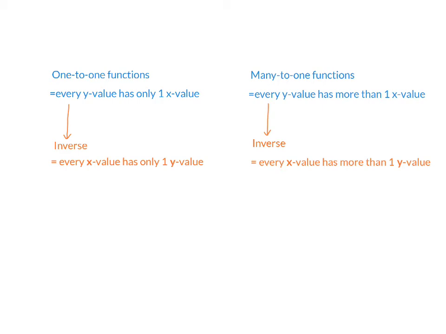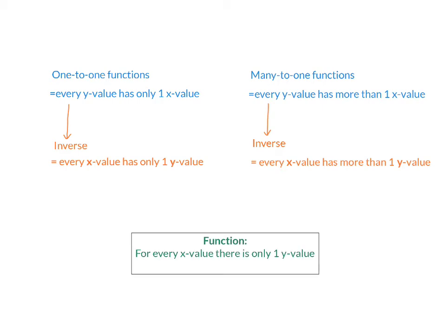We know that a function's definition is that for every x value, there's only one y value. So that means that a one-to-one function's inverse will be a function again, but a many-to-one function's inverse will not be a function. Let's have a look at the restrictions that we can add to the domain of a function.